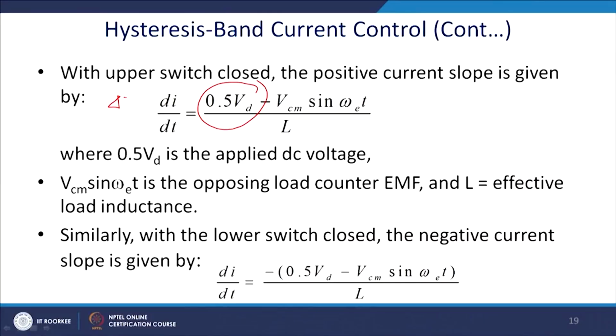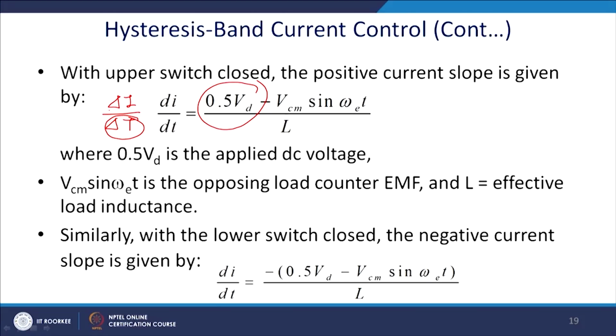We can rewrite this equation as del I by del t, and 1 by del t you can think of as the frequency. Since the value of del I is constant, we can say that the frequency is varying.